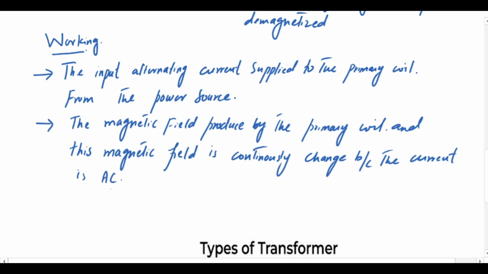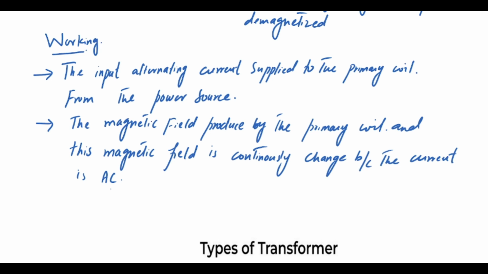So first point is, first we apply the alternating current to the primary coil from the battery or power supply. Due to this current, magnetic field is produced around the primary coil, and this magnetic field is continuously changing.